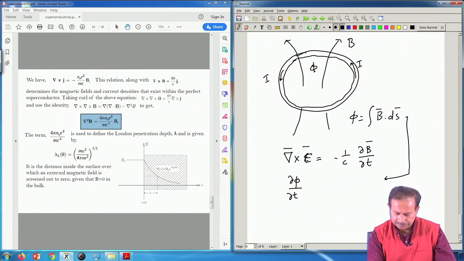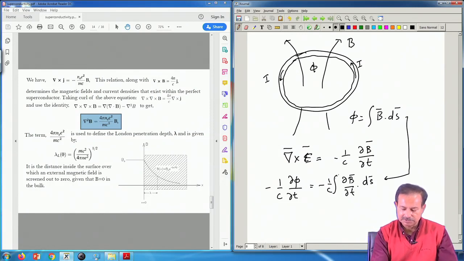And so, 1 by c del phi del t is minus the integral of del B del t, 1 by c, into ds. Okay. Now, 1 by c del B del t is this. So, this will become curl E dot ds.